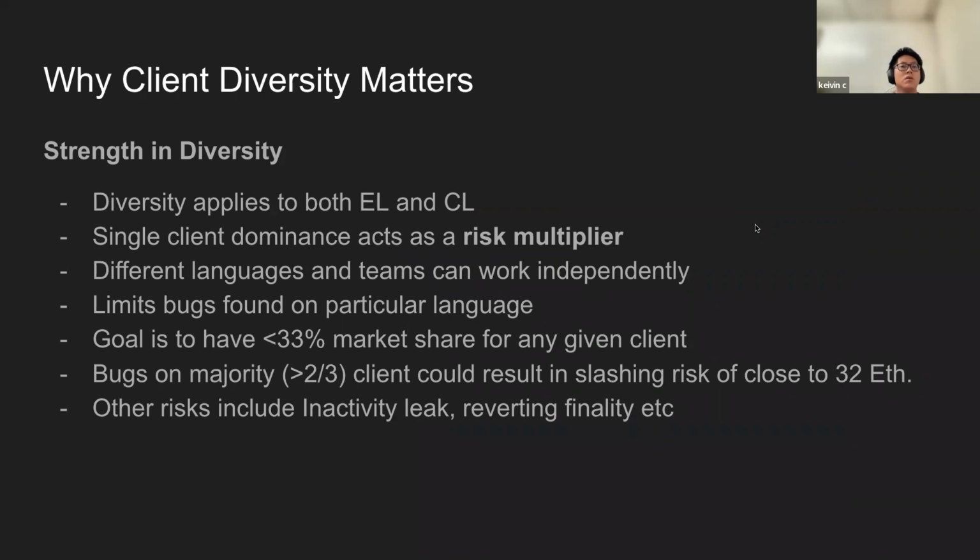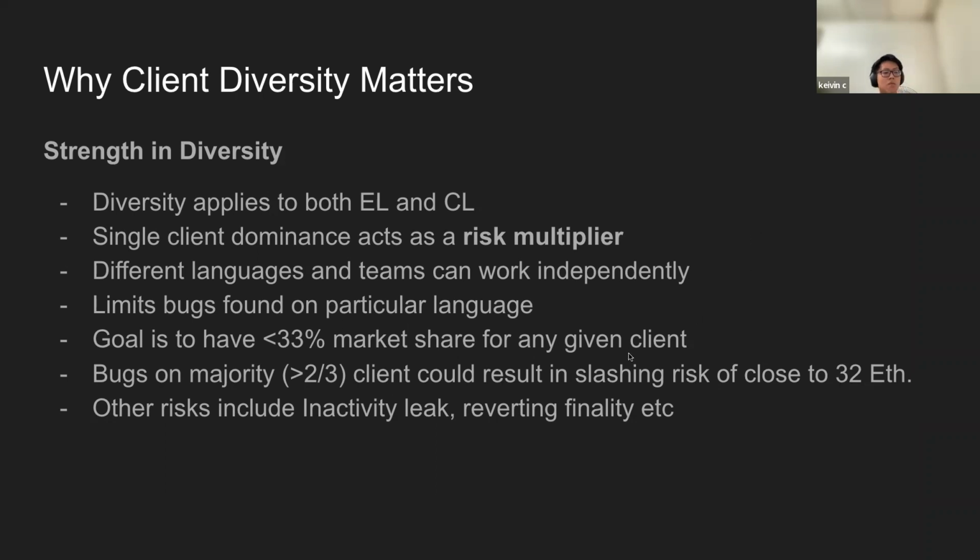When it comes to diversity, it applies to both the execution layer and the consensus layer. Imagine if Geth were to have any bugs, it would actually be a risk multiplier. That's why, as I've shown before, different teams and open source projects write in different languages to even out the distribution. The actual goal is to have less than 33% of the market share for any given client in both the execution and consensus layer.